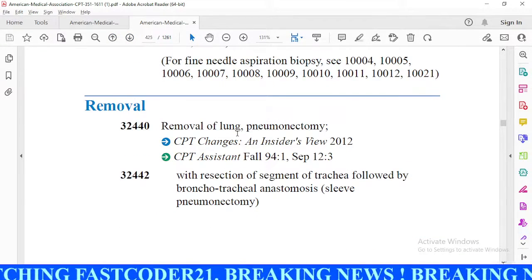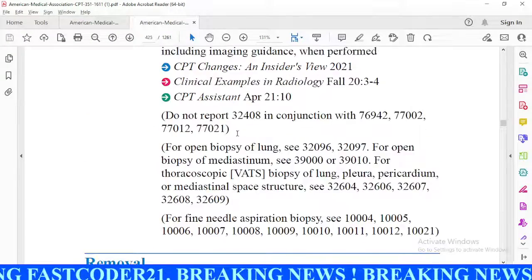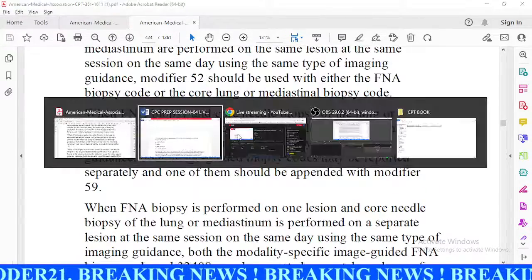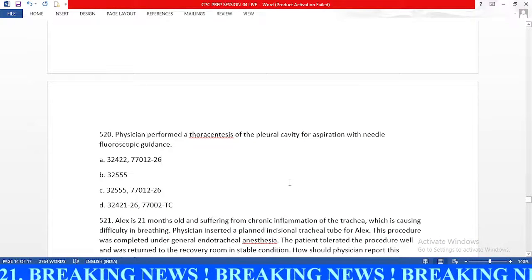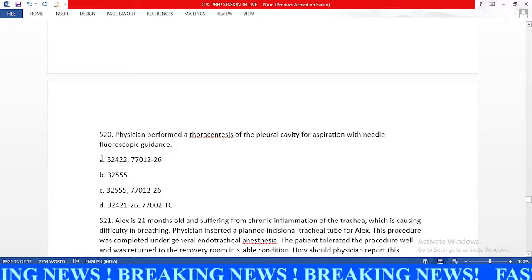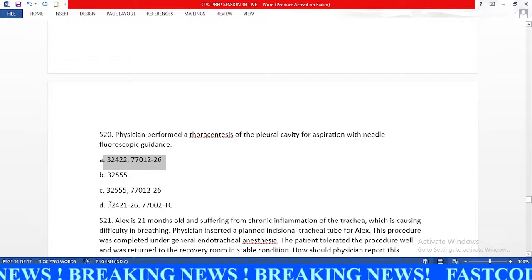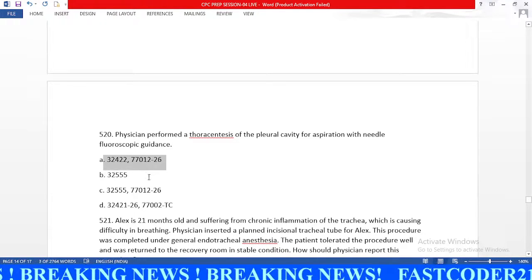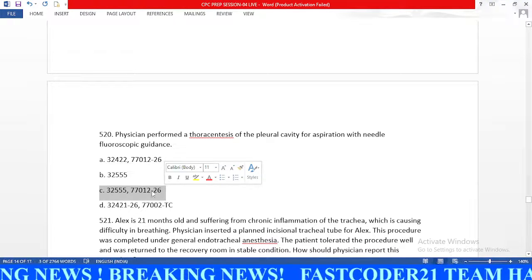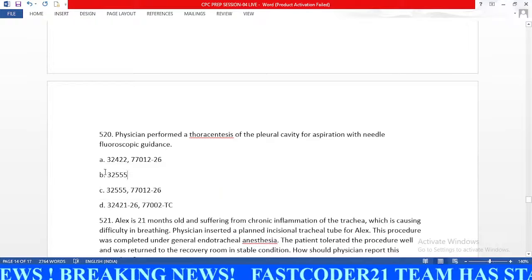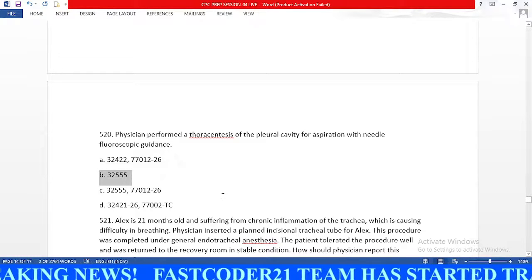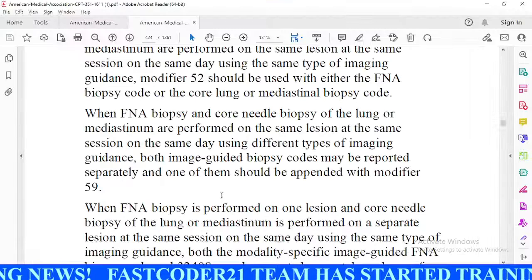So we don't have 32422 in the code book. So we can eliminate it. Anyway, we have eliminated this one. We don't have 32421, 32422 in the code book. We have eliminated C because it is CT guidance. So we have only B, 32555. 32555 is the answer. We can check that.